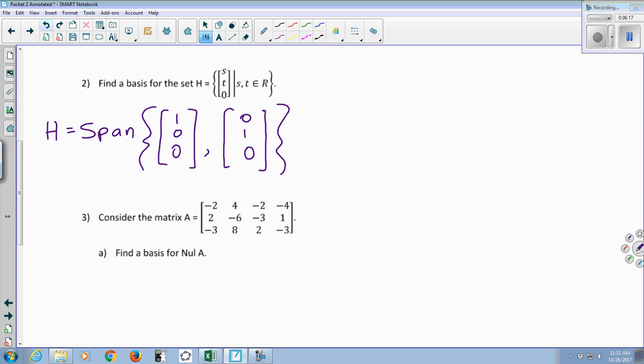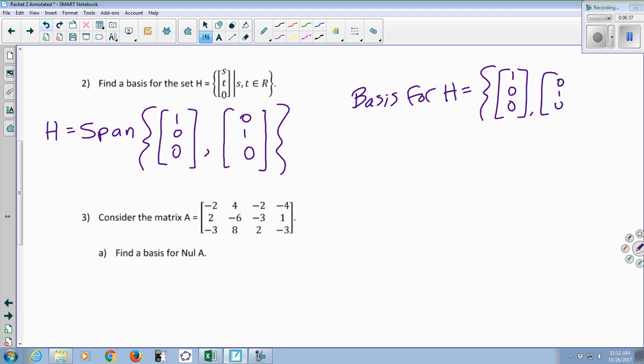That make sense? So because 1, 0, 0 and 0, 1, 0 are linearly independent, that is a basis. So a basis for H is just the set 1, 0, 0 and 0, 1, 0.